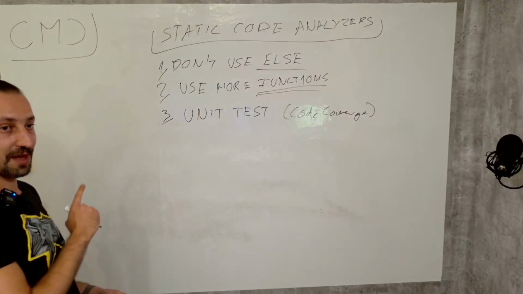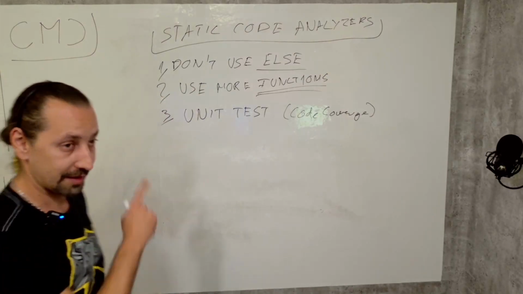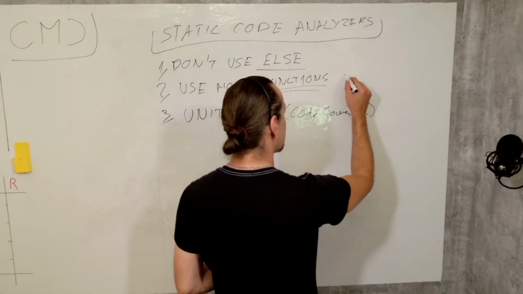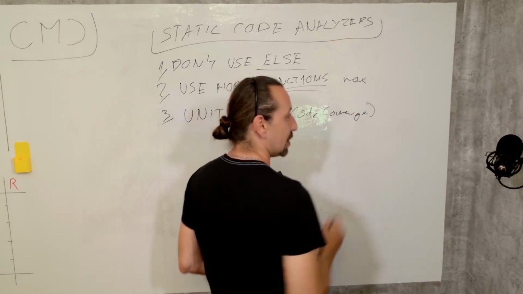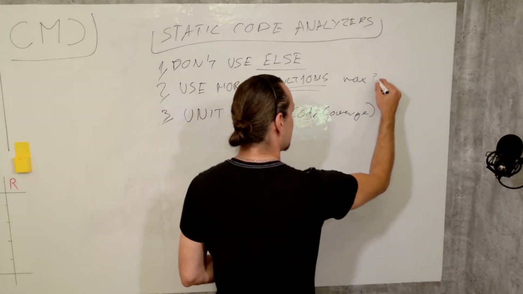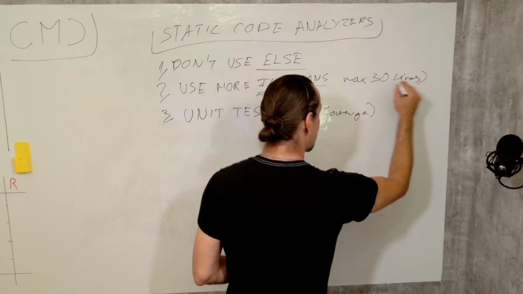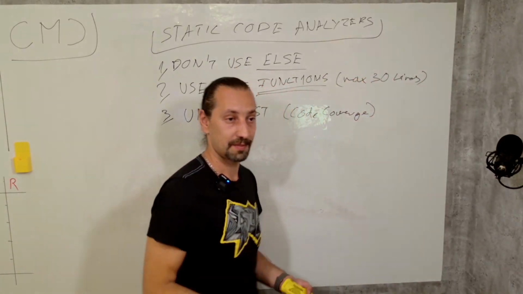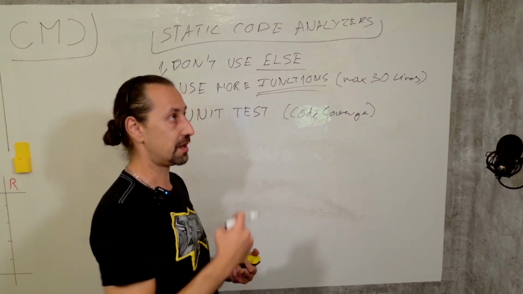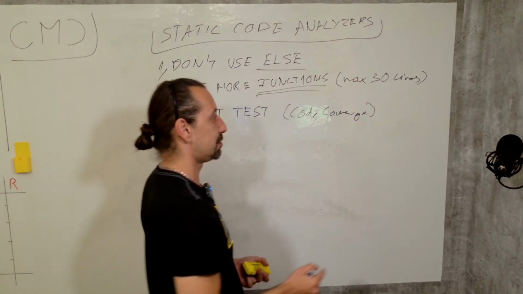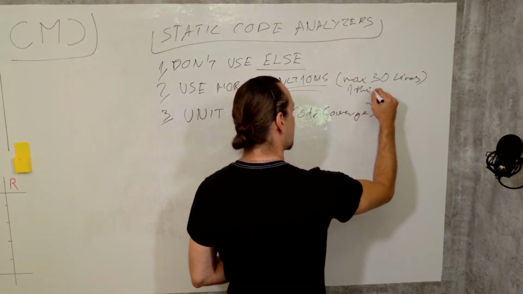If you don't use else, you use functions more often, and I forgot, your function should be, it's not a rule of thumb, maximum 30 lines, just for the reading volume of a function, but they basically need to do one thing.